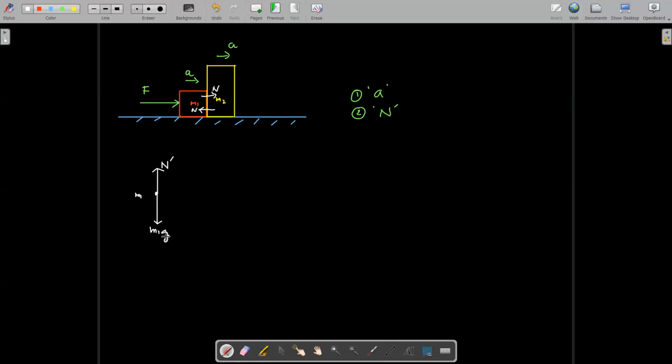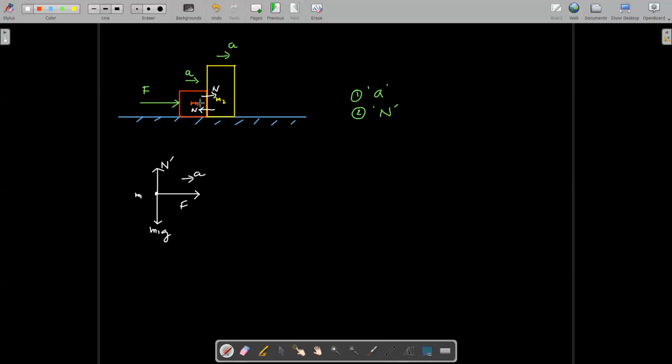This is m1g. Okay, and there is a force applied onto m1. That should be denoted here, and that is F in this direction. And we know that the acceleration is in this direction, right? Is this complete?